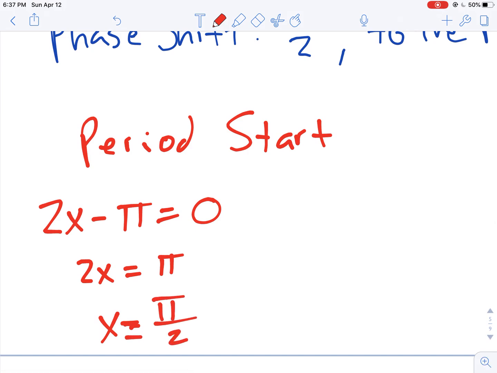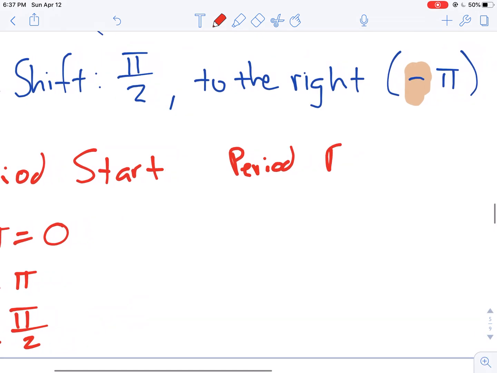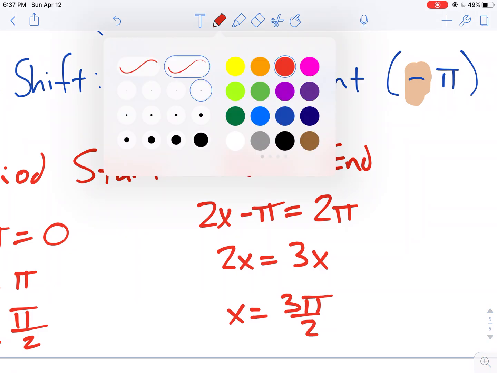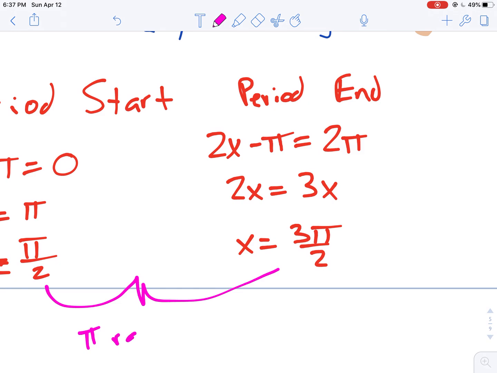So my period is going to start at pi over 2. And now my period end, 2x minus pi is equal to 2 pi. 2x is equal to 3 pi. X is equal to 3 pi over 2. I'm going to stop and do a quick mental check. My period is pi. And then I look here and I say, oh, well, this works out pretty well for me because there is pi radians between these.